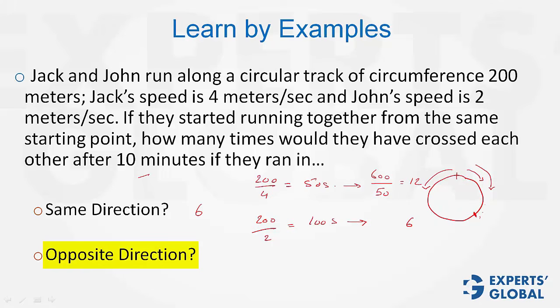So see, nobody has completed a complete circle, but still they have met because together they have completed a circle. Therefore, every time they together complete a circle, they would meet. So if one boy completes 12 rounds and the other boy completes 6 rounds, together they complete 18 rounds. And that is the number of times they will meet when they are running in opposite directions. So the two answers are 6 and 18.